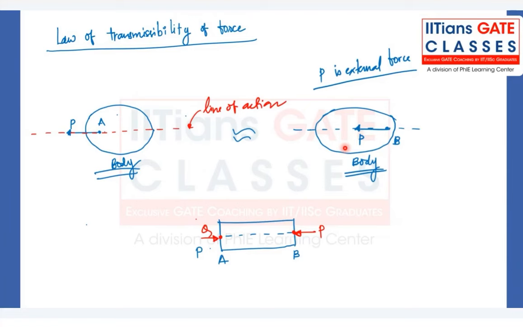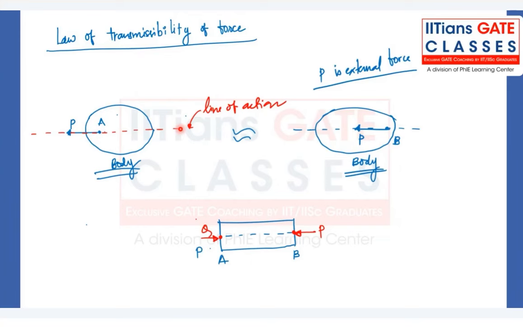The state of the rigid body will remain unaffected if the force acting on the body is replaced by another force having the same magnitude and direction, but acting anywhere on the body along the same line of action. So this is the main idea for this law. Now, one more thing we should know is the limitation of this law. This law is applicable for the external forces.